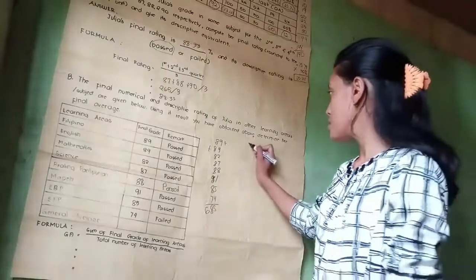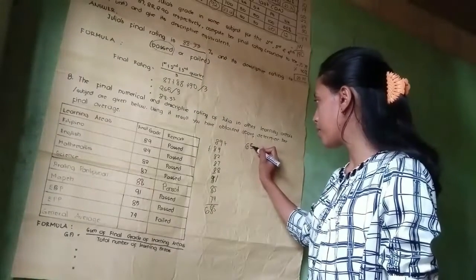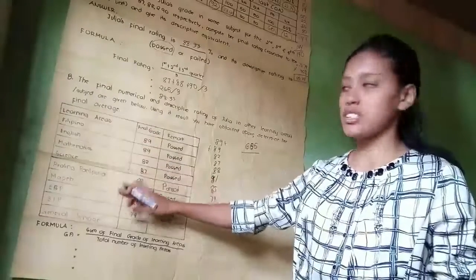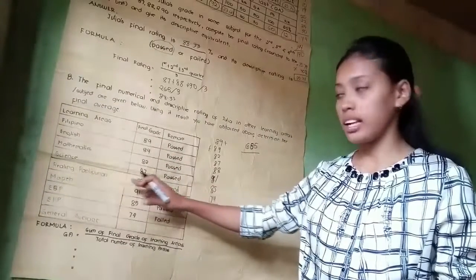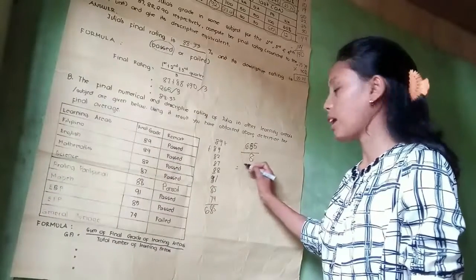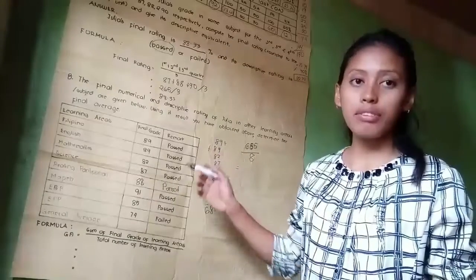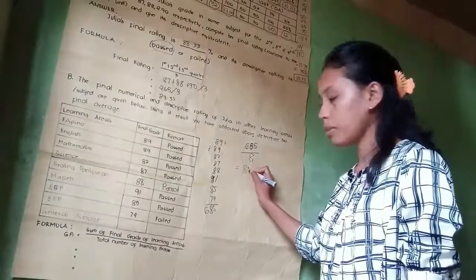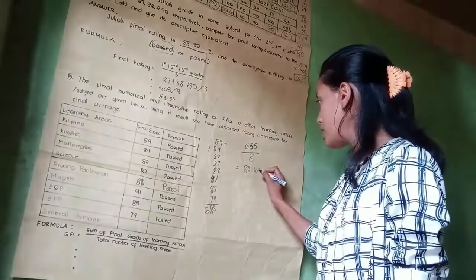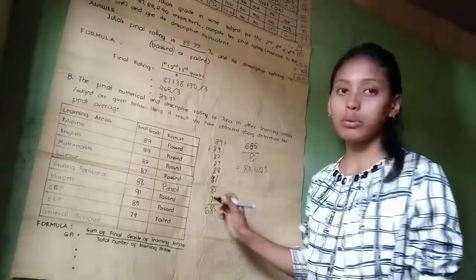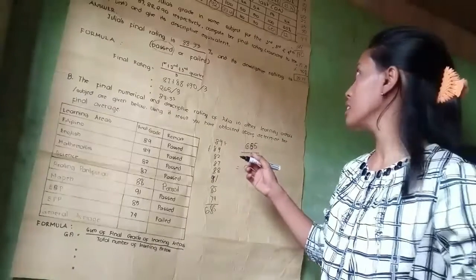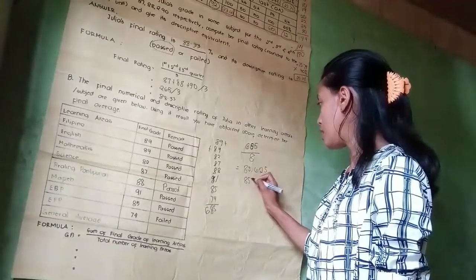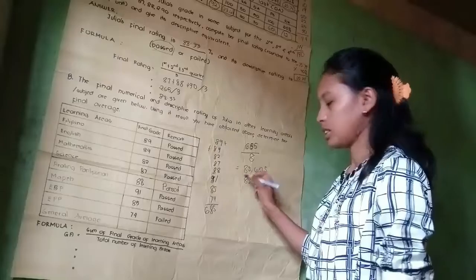And then 685 divided by the number of learning areas. The number of learning areas is 8. So 685 divided by 8 is equal to 85.63, or rounded to the nearest unit, it would be 86.